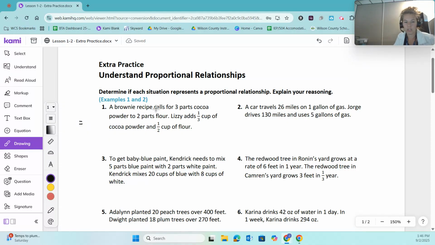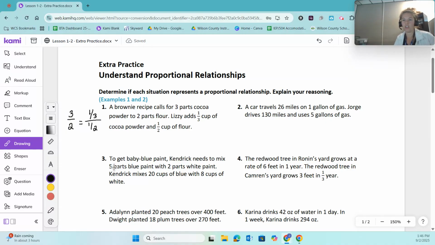Now, for this first one, if the recipe calls for 3 parts of cocoa to 2 parts of flour, we're trying to decide, is that the same thing as 1/3 cup of cocoa to 1/2 cup of flour? So this is a fractional ratio that we still need to determine, are these things equivalent?